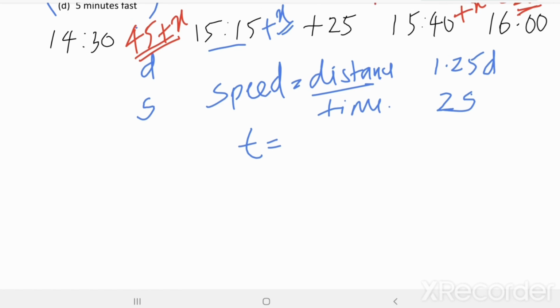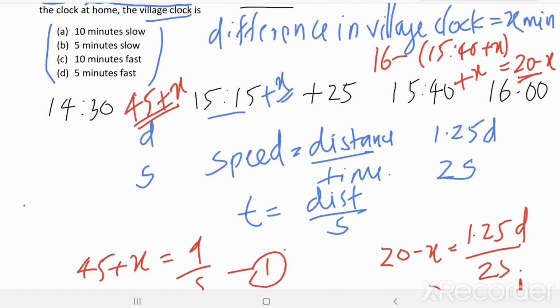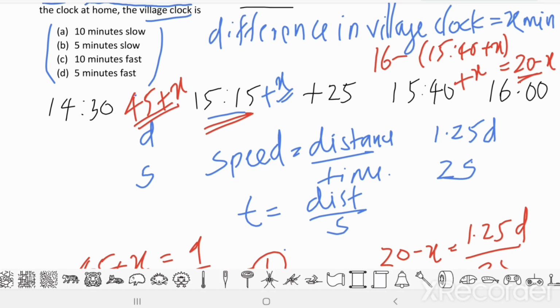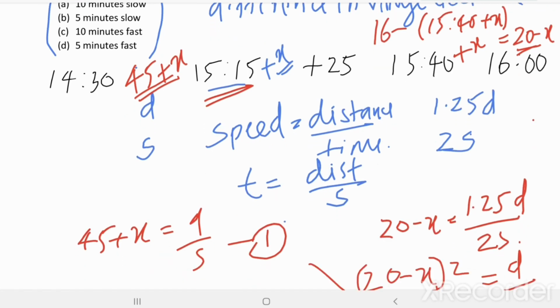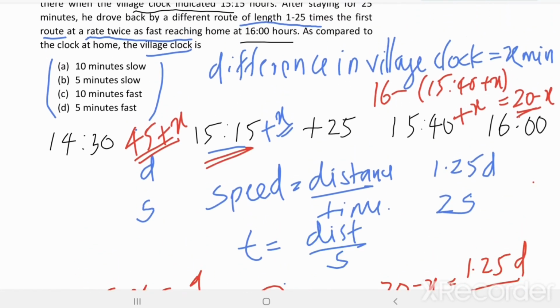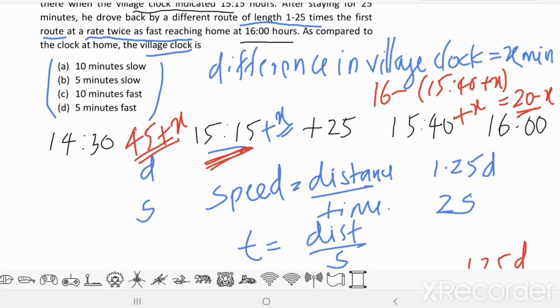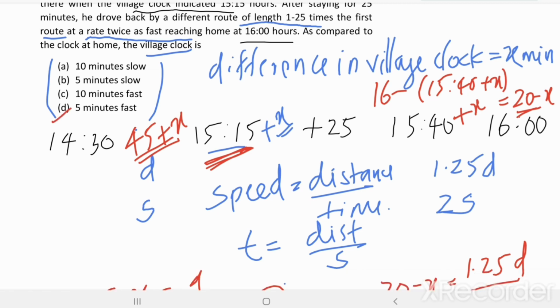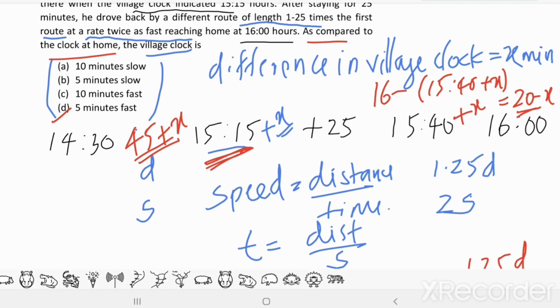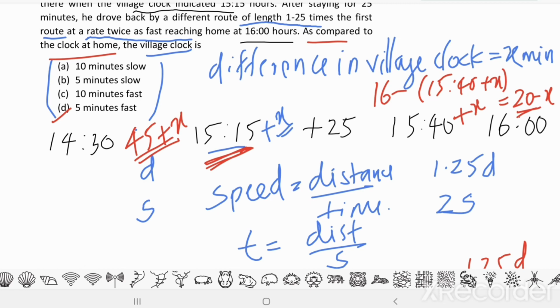That means here the village clock is 5 minutes fast. We have to deduct that 5 minutes from the time 15:15. Then only we get the actual time. So we can say the village clock is 5 minutes fast as compared to the clock at home. Option D is the right answer.